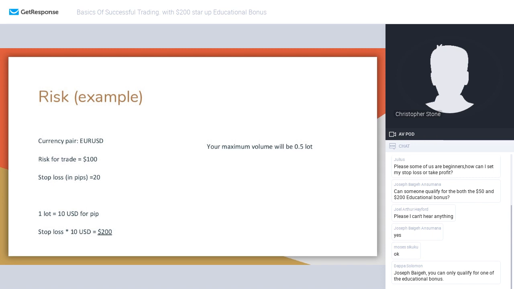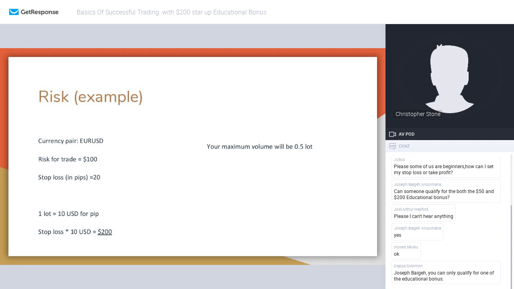Then we set our stop loss in pips: 20 pips. A pip is the fourth digit after the dot, and on euro dollar, one lot is equal to $10 per pip. So our stop loss of 20 pips multiplied by $10 will be $200.